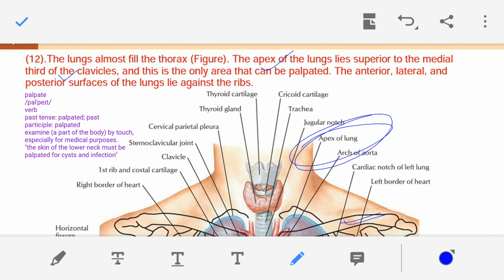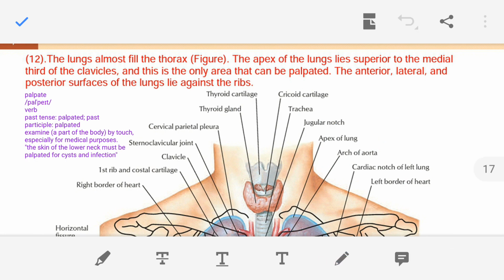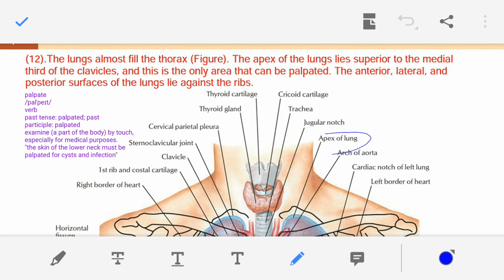So these are the clavicles, and superior to the clavicle the apex of the lung is present. Okay, and this apex region of the lung, this area can be palpated.